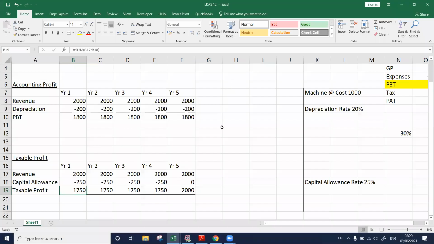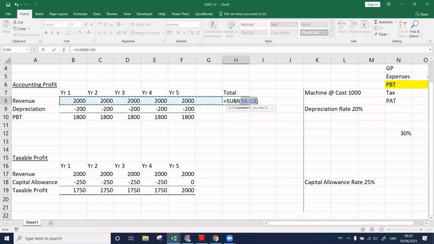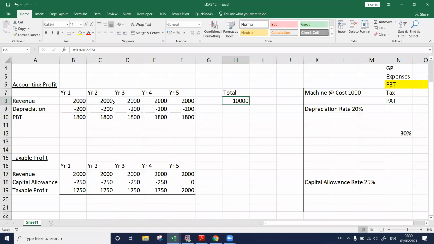But if we computed the net impact, see the total revenue over this 5-year period. What is the total revenue over all five years? It is 10,000. 10,000 is the total revenue figure for this 5-year period.